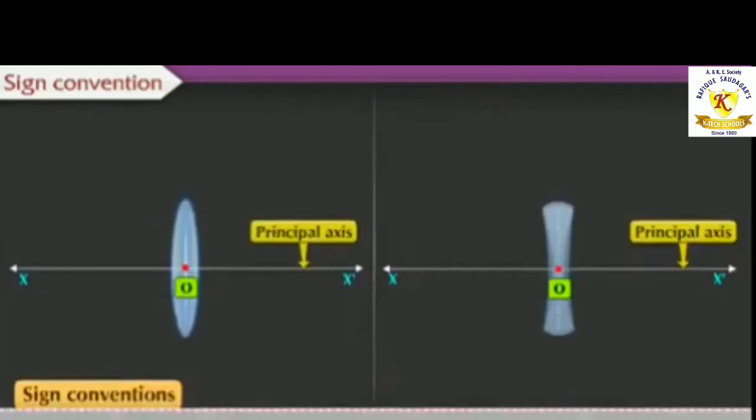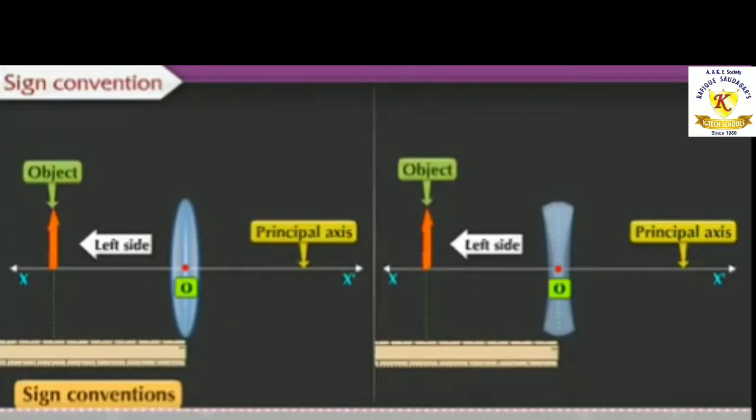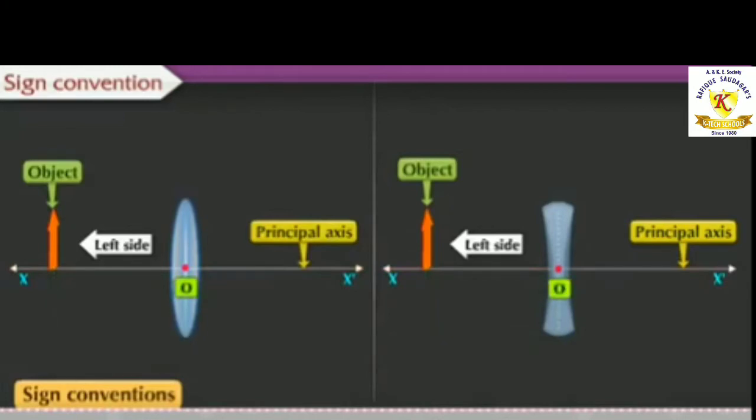So, the sign conventions are as follows. The object is always placed on the left of the lens. All distances parallel to the principal axis are measured from the optical center O.